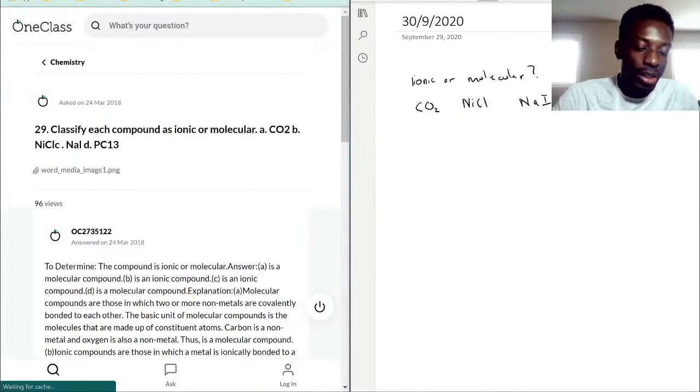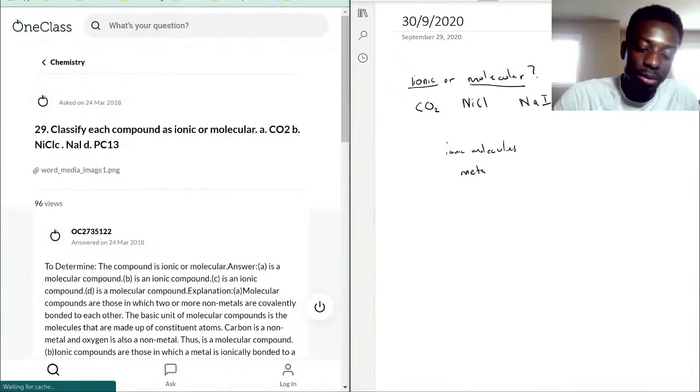So with that, let's break down what it means to be ionic and what it means to be molecular. Ionic compounds are when a metallic element and a non-metallic element are bonded together. When those two bond, they form an ionic bond.